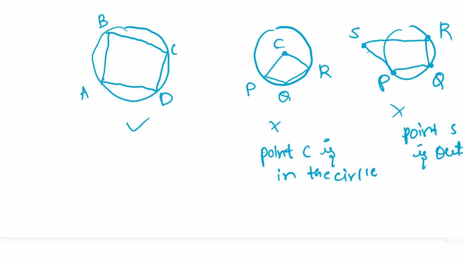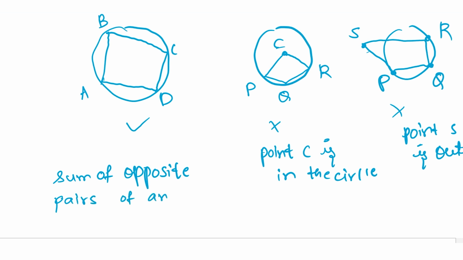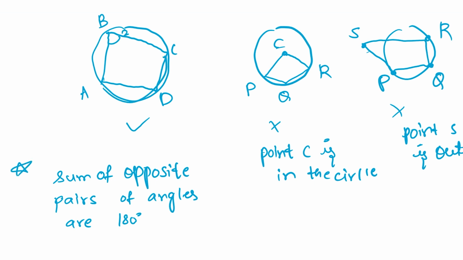And when it comes to cyclic quadrilateral, the sum of opposite angles must be supplementary, or 180. So in the earlier question, this arc was making 30 degrees. We have said that this will be 150.